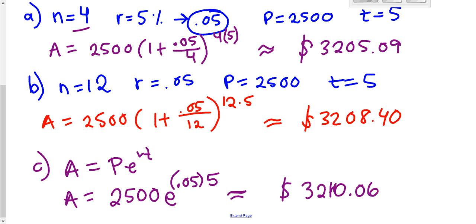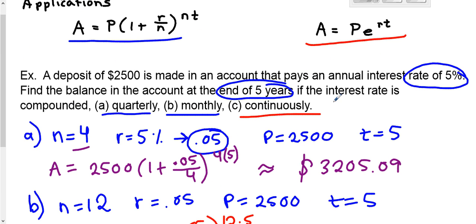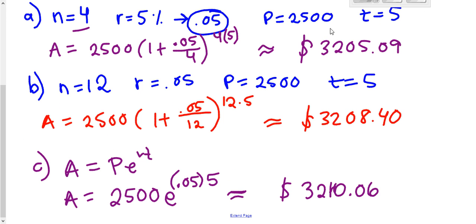And then the last thing that you will need to know for the homework is if they gave us an equation, and then they asked us for the rate at which it changes. So say, let's take this A equals PERT.